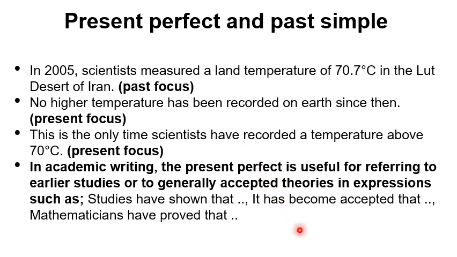In academic writing, we use the present perfect to refer to earlier studies or earlier findings, or when we talk about generally accepted theories or hypotheses. In all these cases, we need to use the present perfect tense.